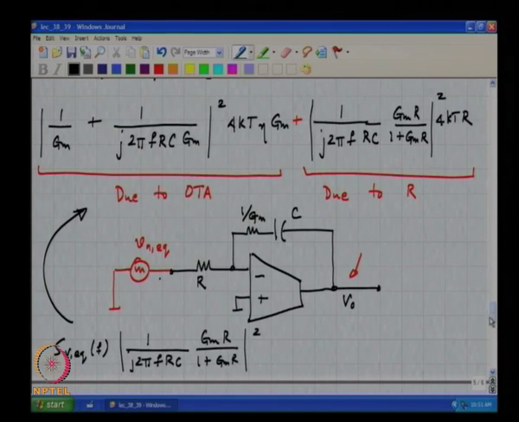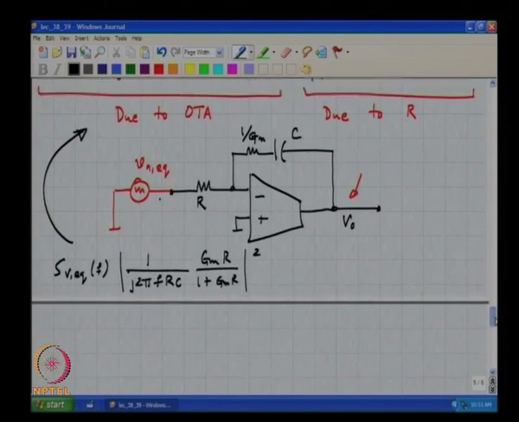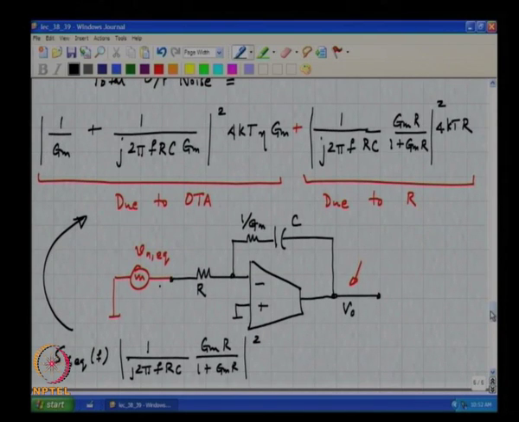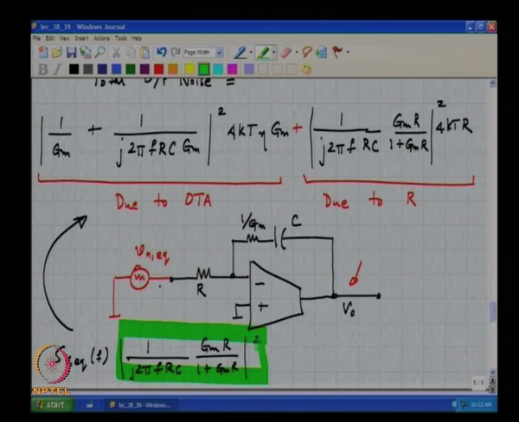right. So, clearly S V equivalent of f is nothing but, you divide throughout by this factor, and when you divide this goes away.